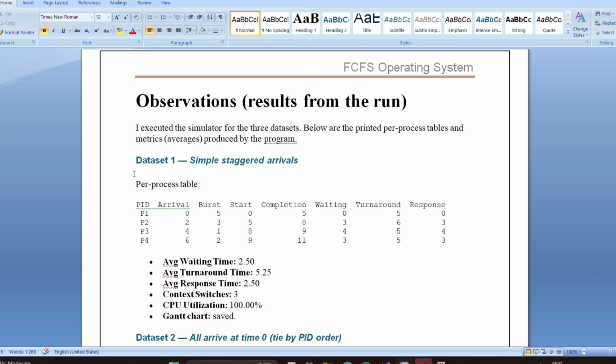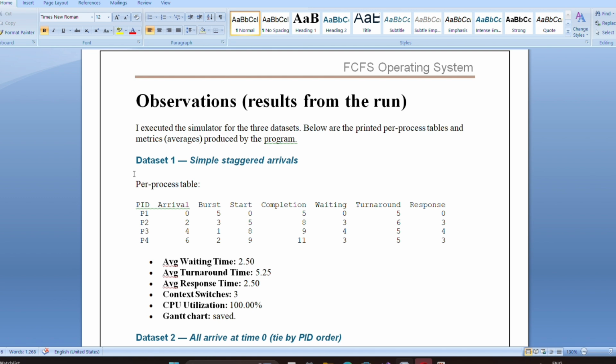Turnaround time is nothing but completion time minus arrival time: 5, 6, 5, 5. Response, how much time taken to respond: 0, 3, 4, 3.